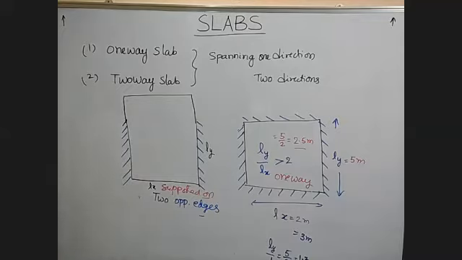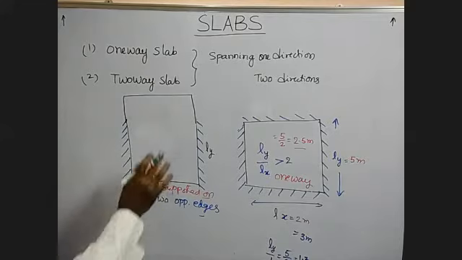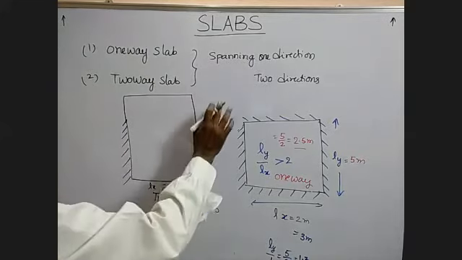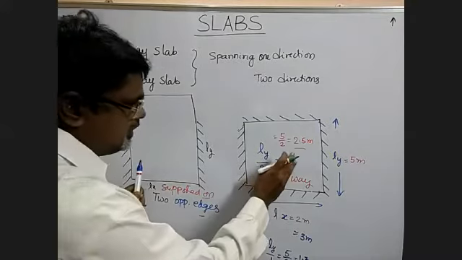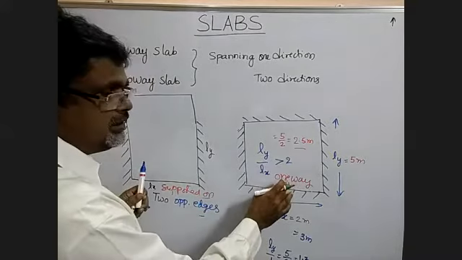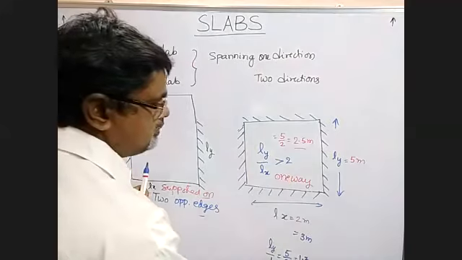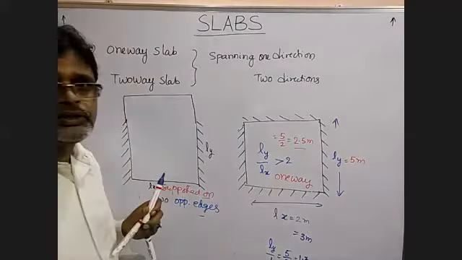That means here, try to understand the concept here. The slab spanning in one direction, slab spanning in two directions. So there is a formula. If it is greater than 2, we blindly say that it is a one-way slab. Less than 2, we call it as two-way slab.